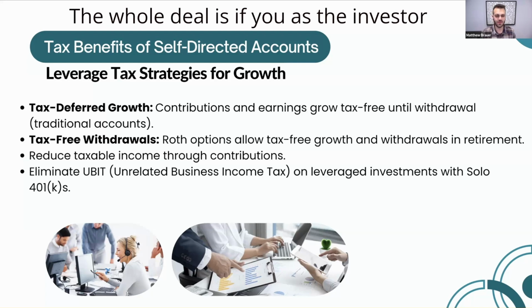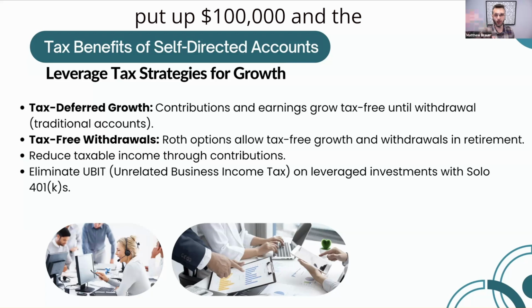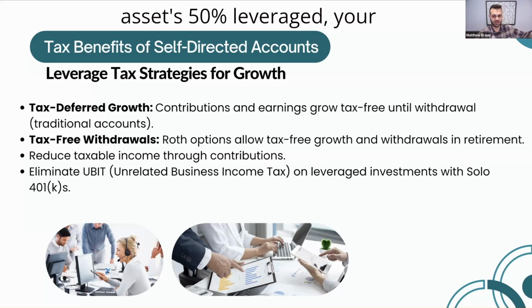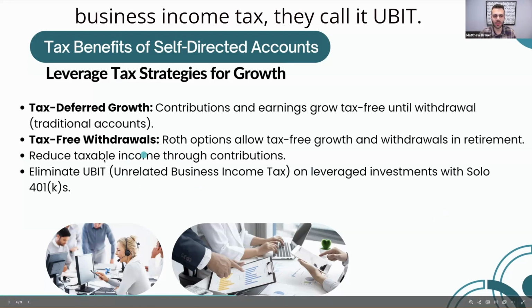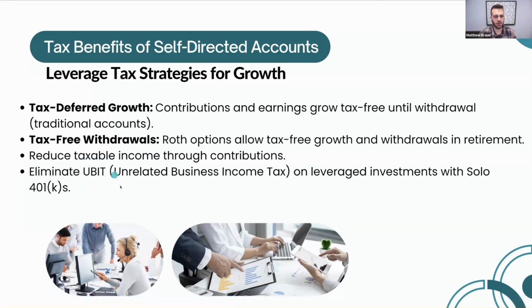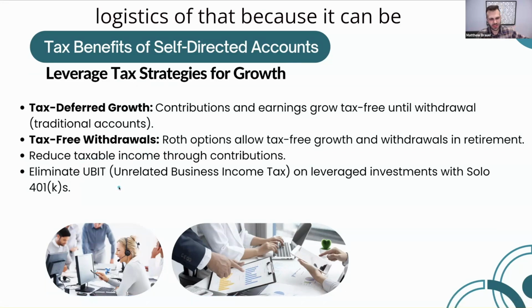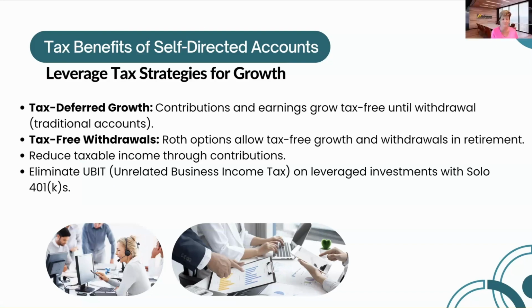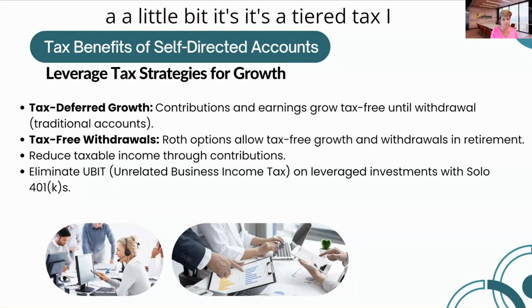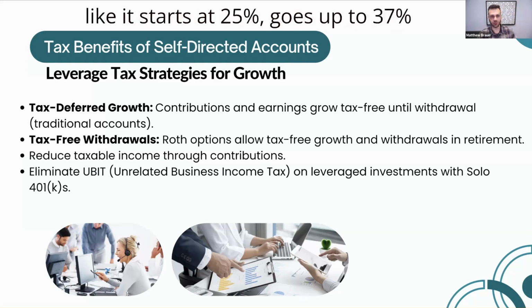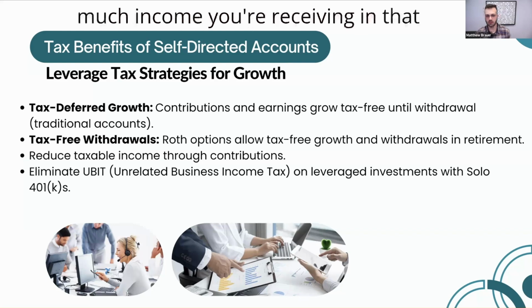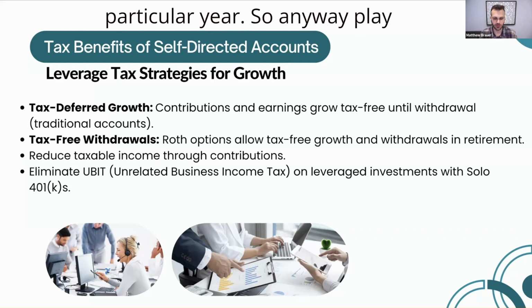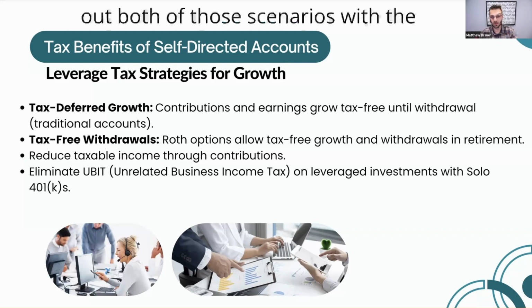If you as the investor put up $100,000 and the asset's 50% leveraged, your investment, so $50,000, can be subject to what's called unrelated business income tax. They call it UBIT, which I'm not going to get into the logistics of because it can be a little bit wonky. It's a tiered tax: it starts at 25% and goes up to 37%, depending on how much income you're receiving in that particular year.